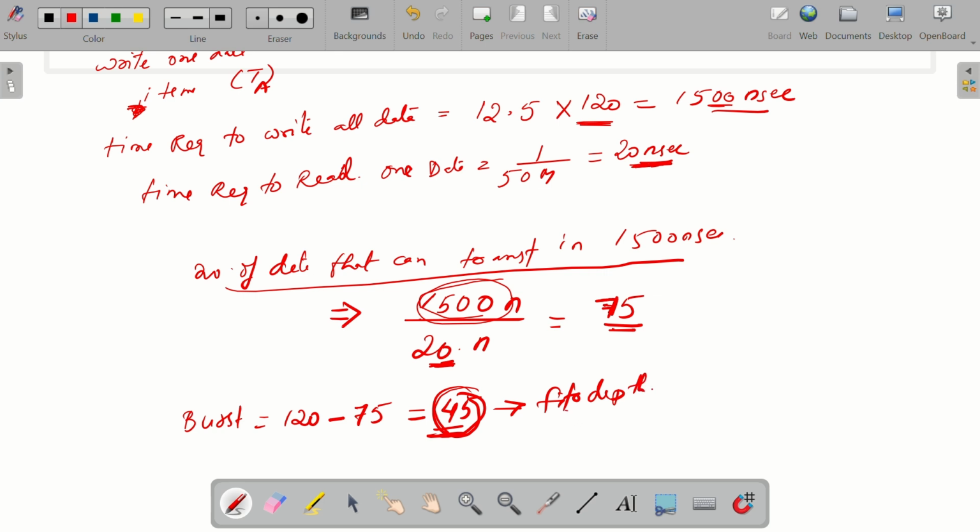This means the FIFO should be capable of storing the remaining 45 items until my clock B reads the data, because clock B is slower at reading. It will read 75 items, but you need some storage mechanism to store the remaining 45 items so that no data is lost in between. I hope this is clear.